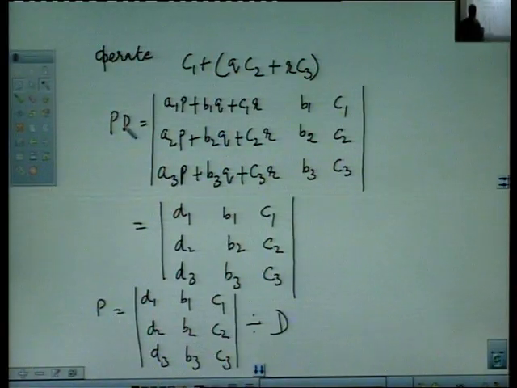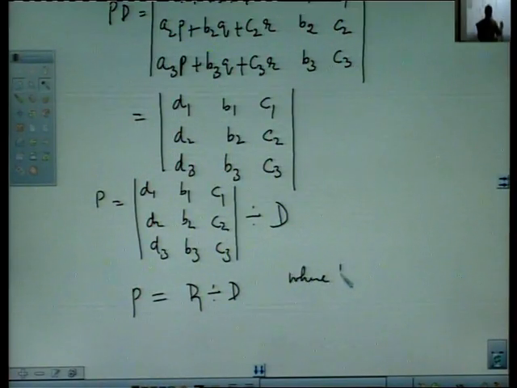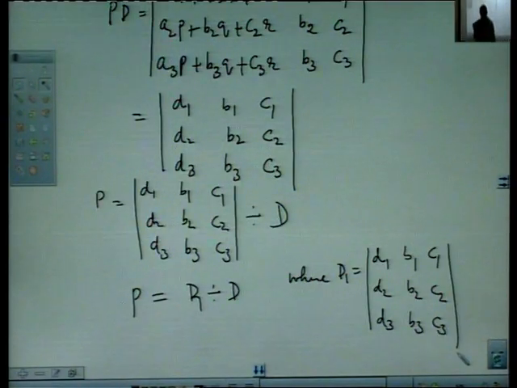So P is equal to D1 divided by D, where D1 is the determinant D1, D2, D3, B1, B2, B3, C1, C2, C3, and this is our D.